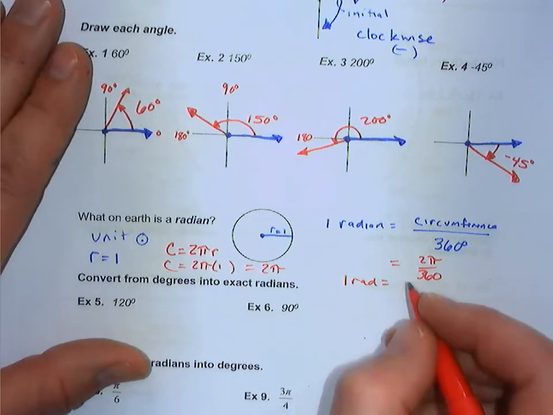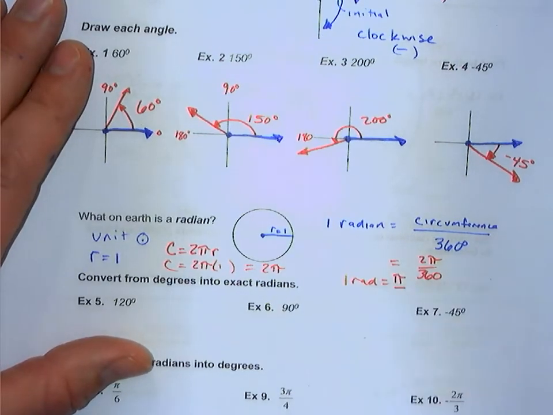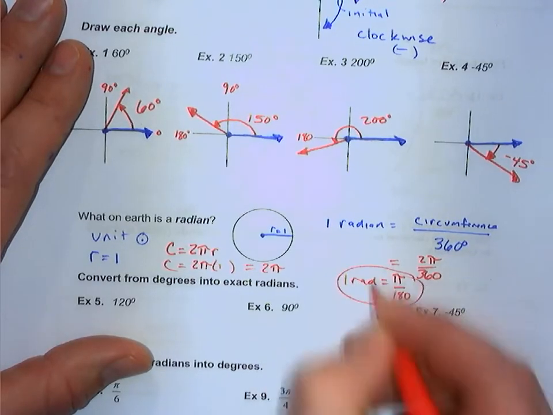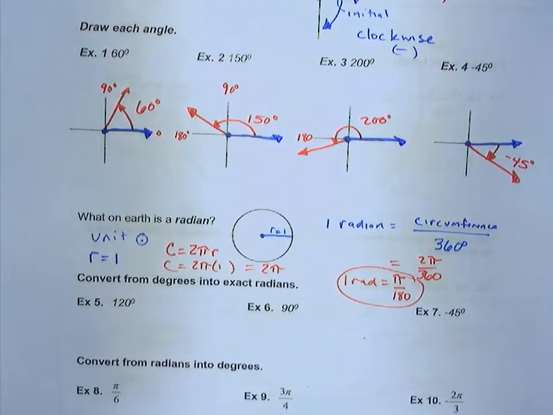Pi over 180. There you go, reduced by 2. So 1 radian represents pi over 180. So the relationship to a radian is if you go around a circle, that's the circumference. They're taking that relationship of circumference with the degrees and calling it a radian.